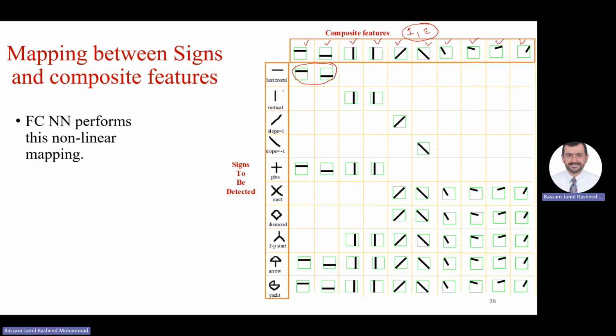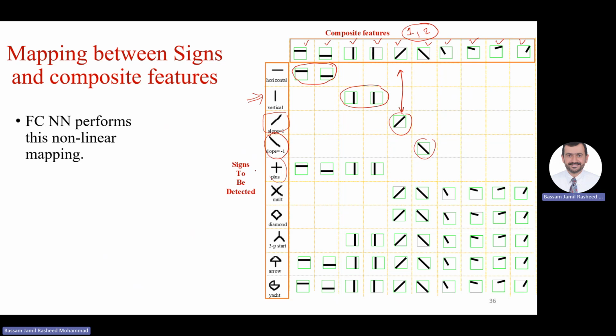If my image is a vertical line, you will see that these two features of vertical lines have large values. If my image is a positive slope line, this feature has a large value, and if a negative slope, this feature has a large value.